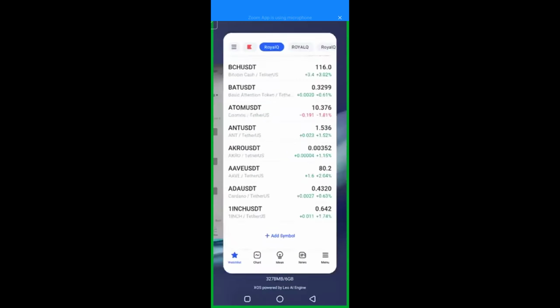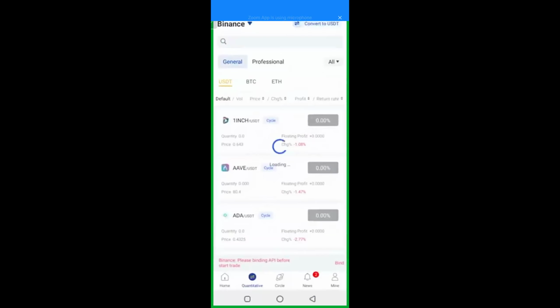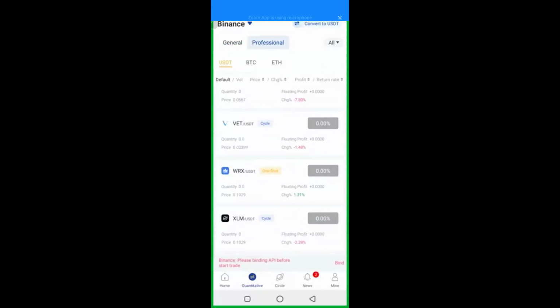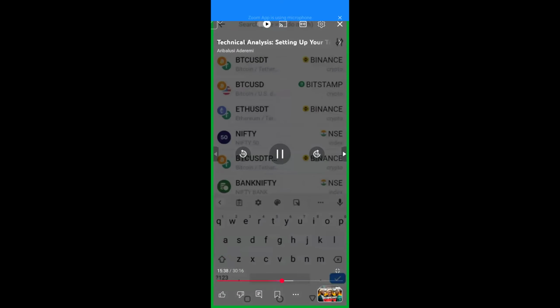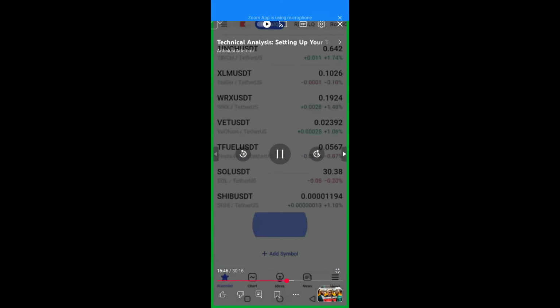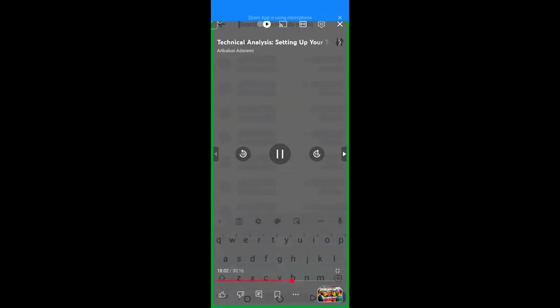So we're going to go to our last area, and that is the professional area. And we shall also start from the bottom. We have XLM. We have XLM USDT. That's our first coin. Okay. And now we shall have Gala.